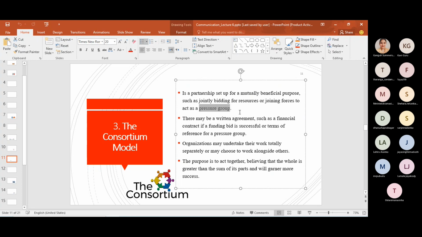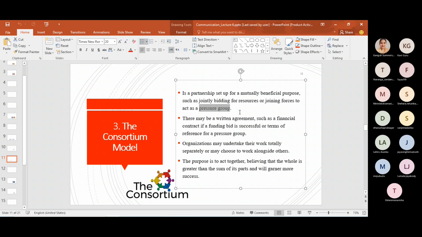So when you jointly bid for resources, to bid alone you should have a really good amount of money. Sometimes certain resources can be expensive, so you might not be able to bid for these kinds of expensive resources alone.